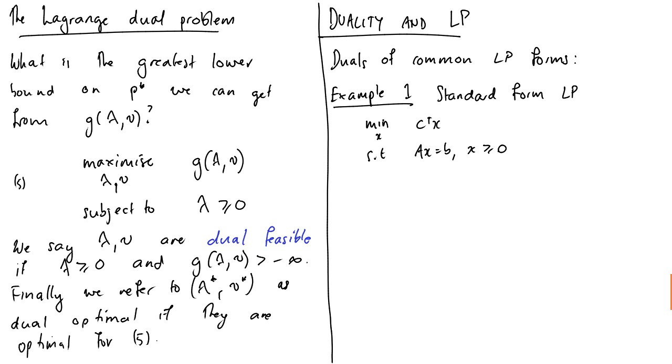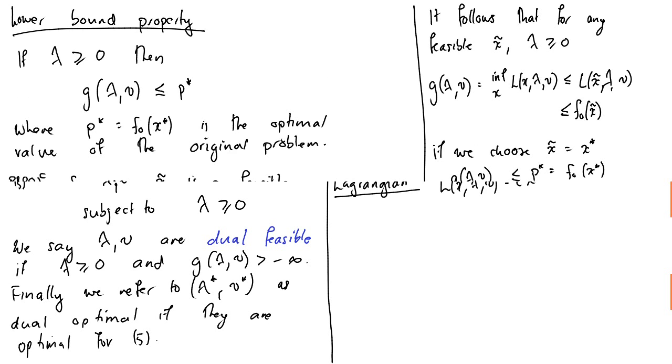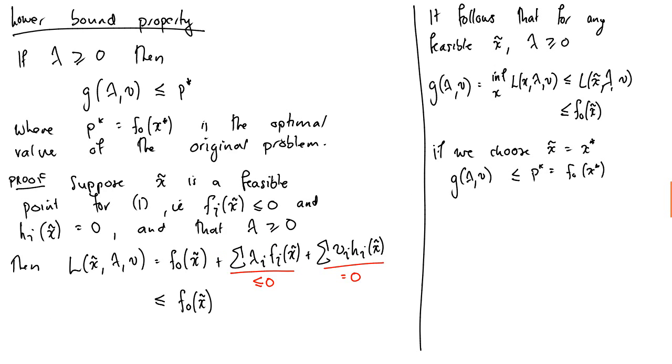So the Lagrangian. We need the Lagrangian first. L of x, lambda, nu equals f naught of x, that's c transpose x. What next? We need to multiply, if we look back to the definition for a second.